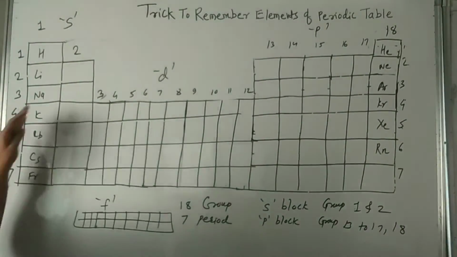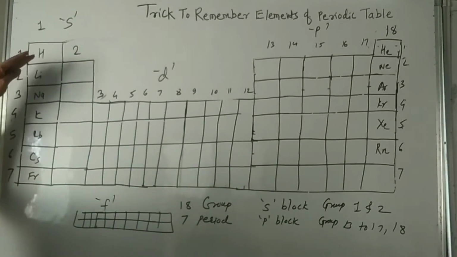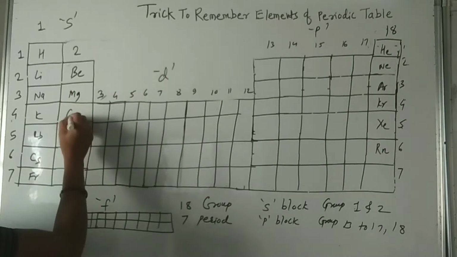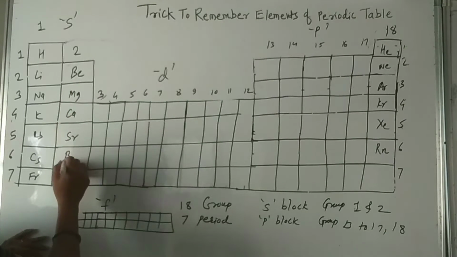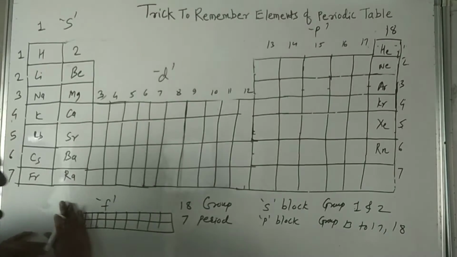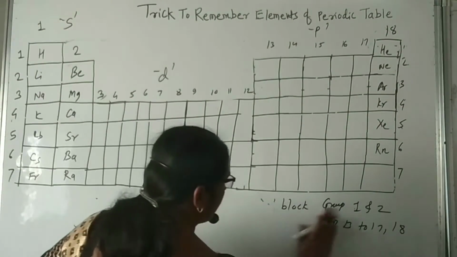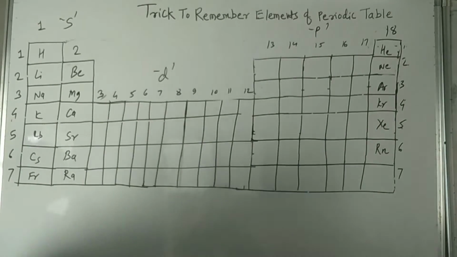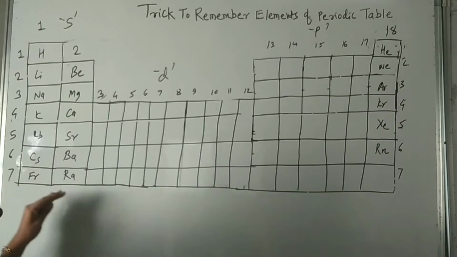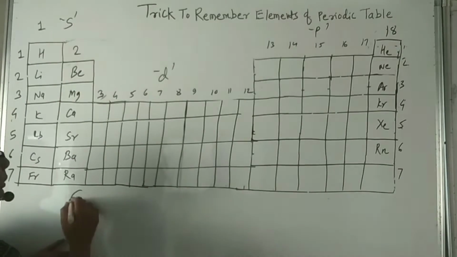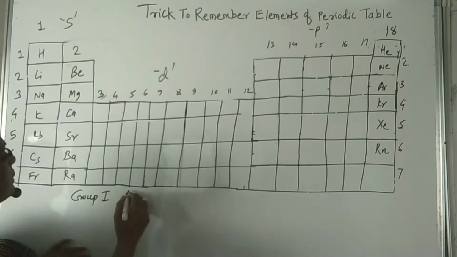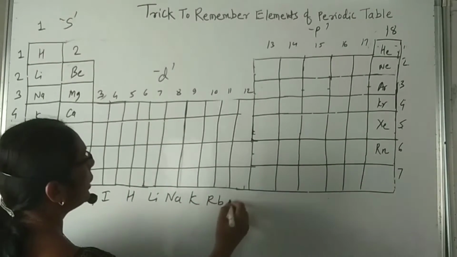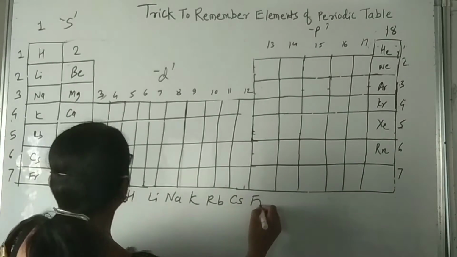Now we consider the trick. I write the S block elements. How do you remember the S block elements? The S block contains two groups. Group 1 contains the elements hydrogen, lithium, sodium, potassium, rubidium, cesium, and francium.